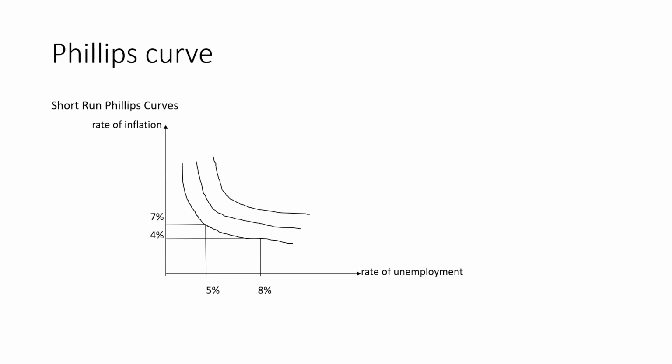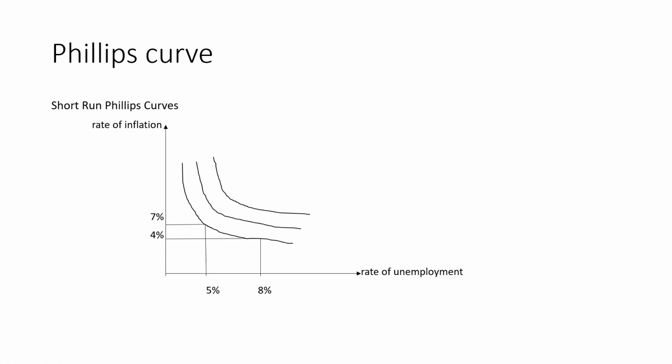Now, another thing, in the 1970s, an American economist by the name of Milton Friedman, we've talked about Friedman before, we're going to talk about him again, but Friedman looked at this relationship here and said, keep in mind something, that along these curves, there's a certain level of expected inflation that's going on.